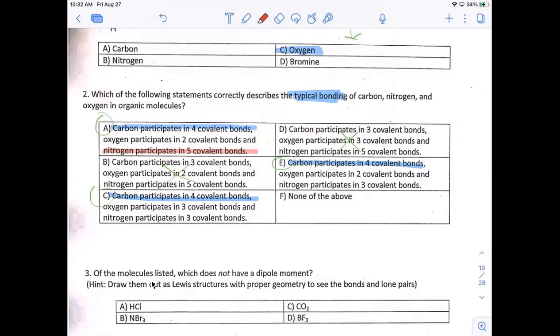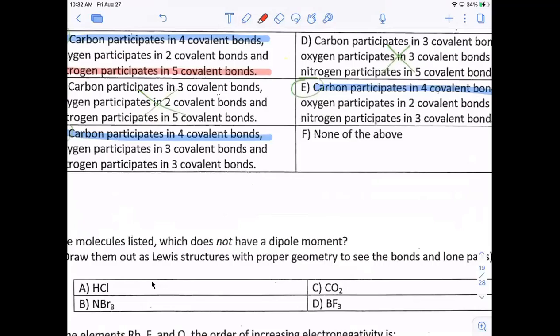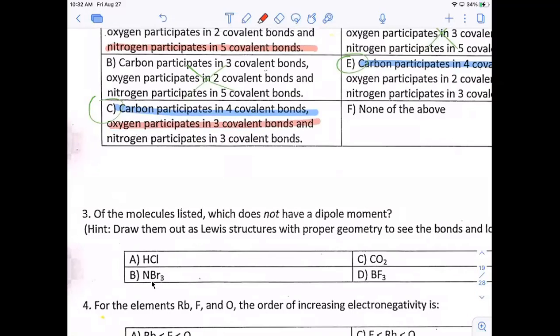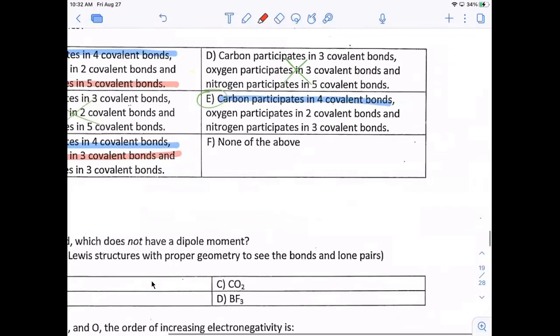All right, let's look at C. Which one of those statements is false? Oxygen. Right? So if we look at E, we see that carbon, and this is again foundational information. If you know this, then it makes it much easier to move through other topics.